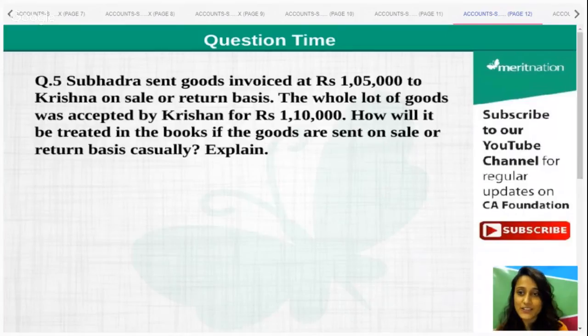What should be the correct journal entry? Can somebody give me the correct journal entry in this case? I'm waiting for the right answer. Yes, the goods will be recorded, but give me the correct journal entry here, please.